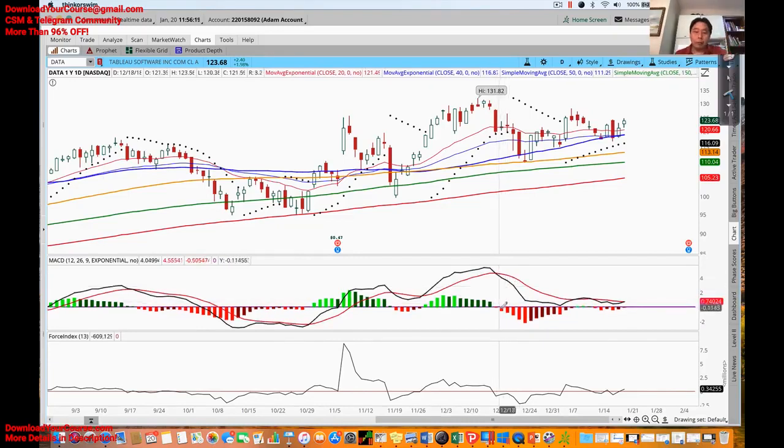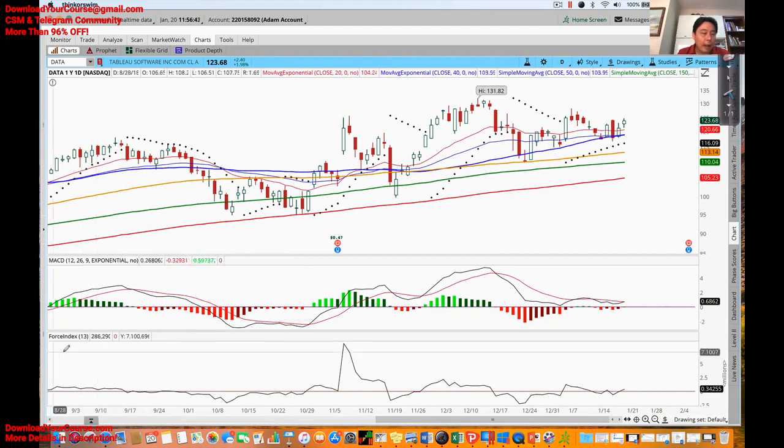And it shows from the red histogram, right? And when it crosses, histogram turns red, okay? Now, when the black line, MACD line, crosses above the signal line, the histogram turns green, and that's bullish momentum. So that's, again, that's bullish, that's bearish. So again, it's really sensitive. It goes through bullish and bearish momentum during the overall uptrend.